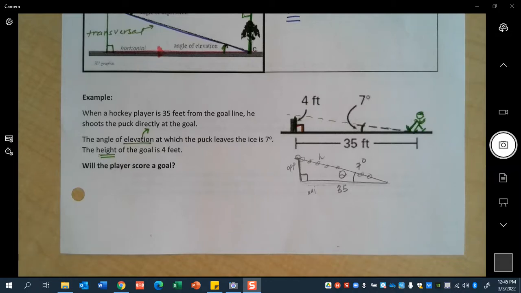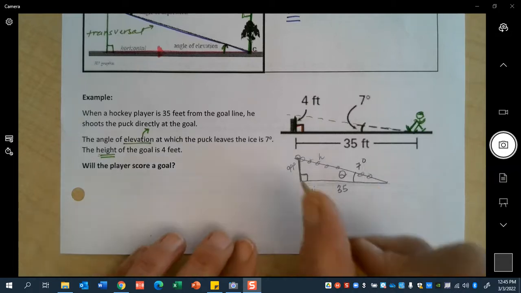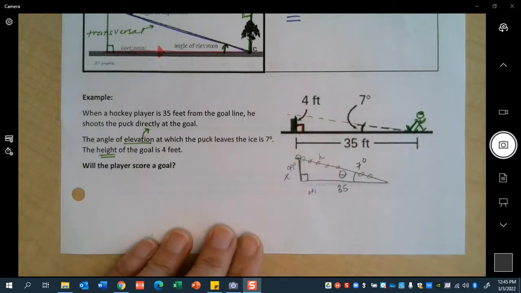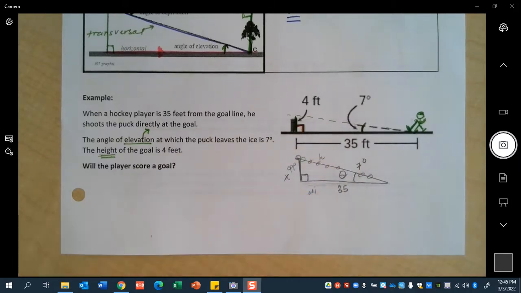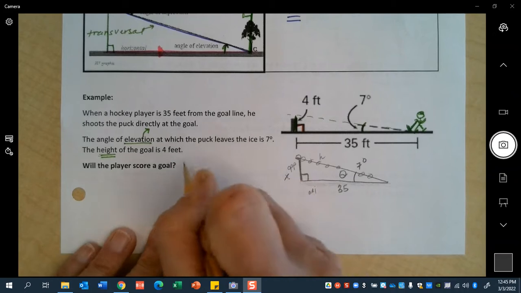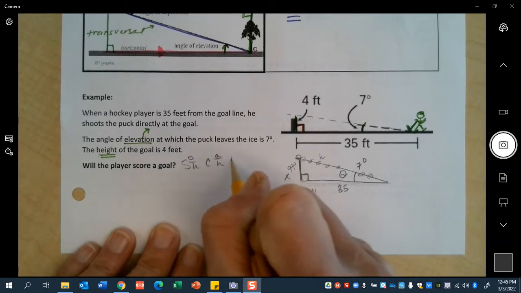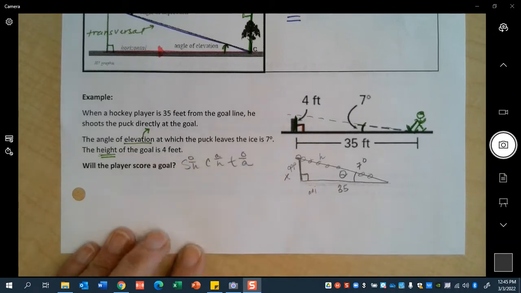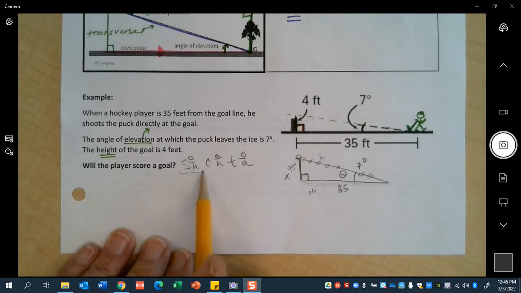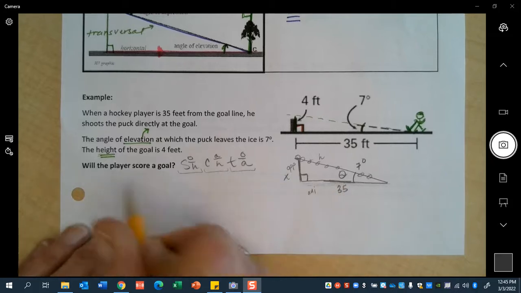You okay with that? So let's go ahead and figure out this opposite side of this 7-degree angle. So I know that my sine and my cosine and my tangent are my 3 choices of ratios. Which one would you pick? Tangent, because I have my adjacent and I'm looking for my opposite.